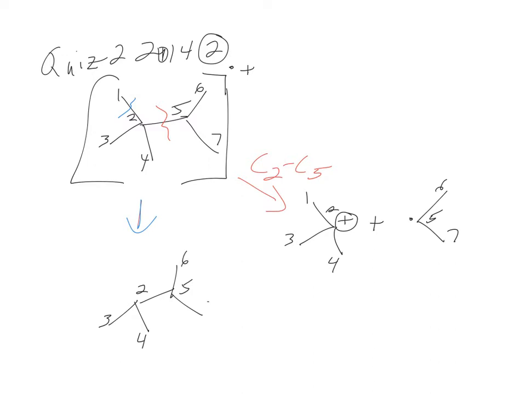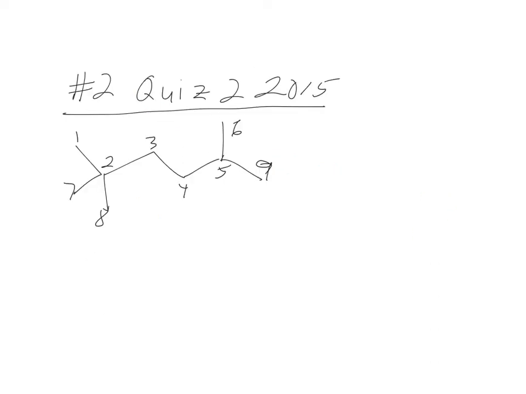Could we do the 7, so it'd be a plus charge and there'd be a CH3 with a dot? I would say this would be worse because a methyl radical is way worse than a secondary radical.